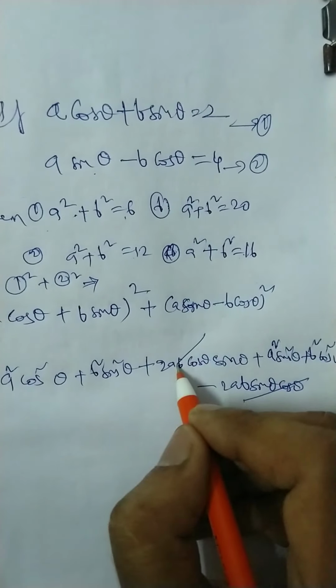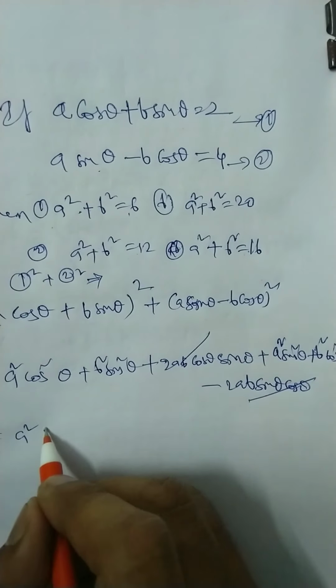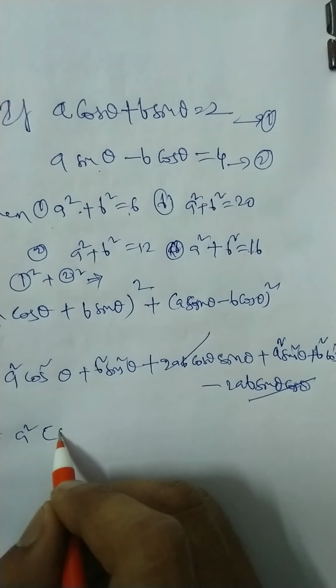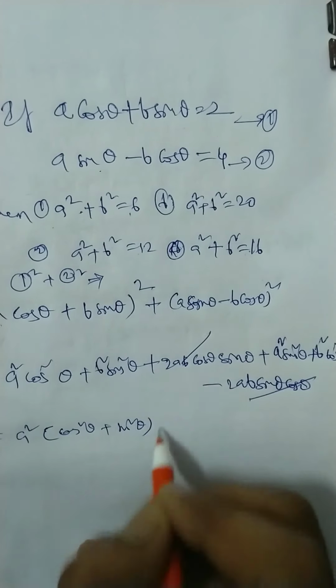So these two will get cancelled. Now you can gather terms. If you take a square common, cos square theta plus sin square theta, and if you take b square common, sin square theta plus cos square theta, what you get is a square plus b square.